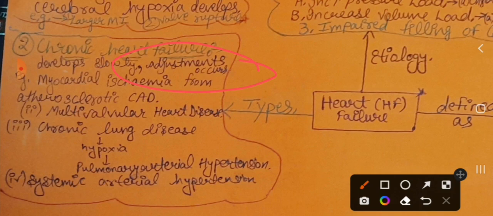Another cause of chronic heart failure is systemic arterial hypertension. So this is all about the etiology and the types of heart failure.